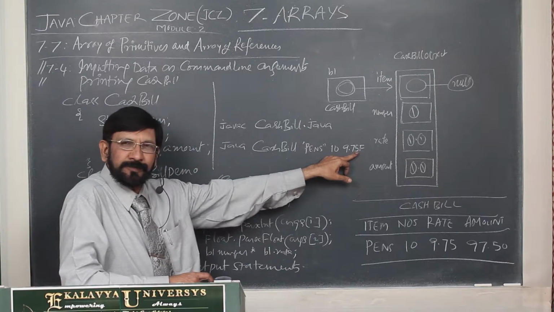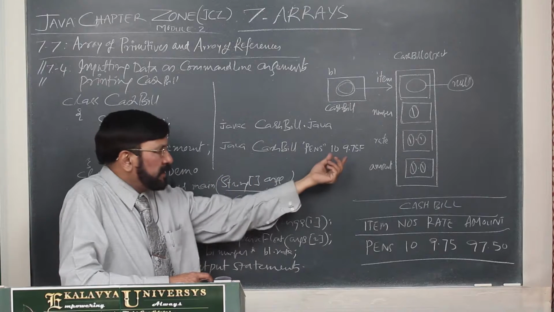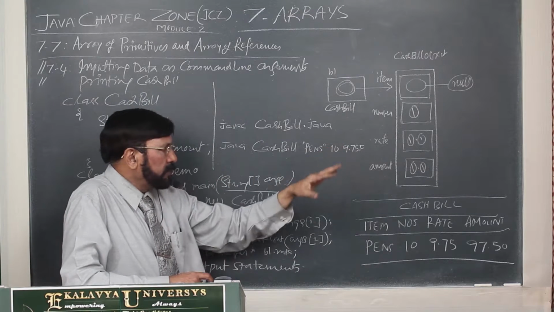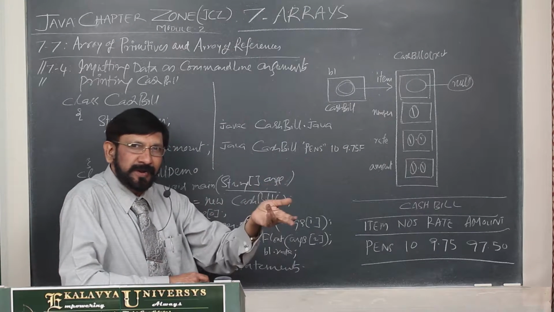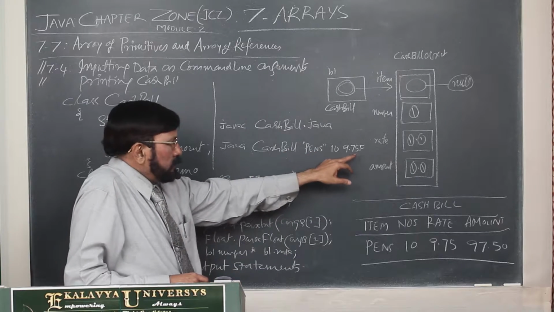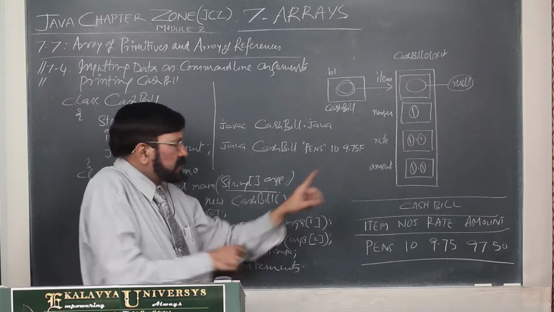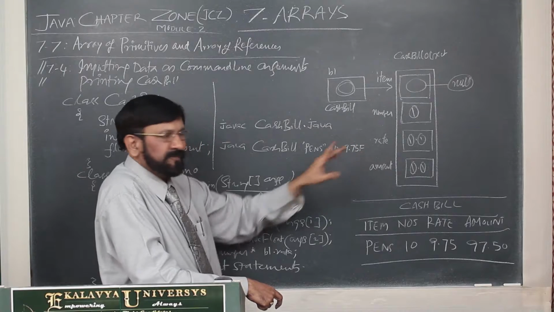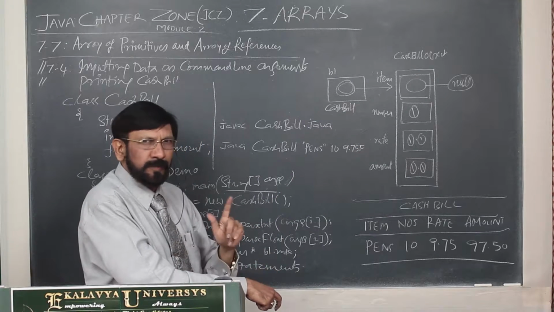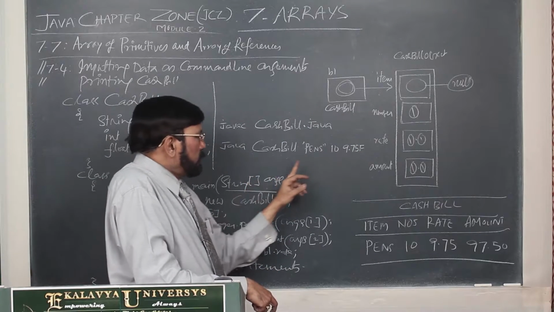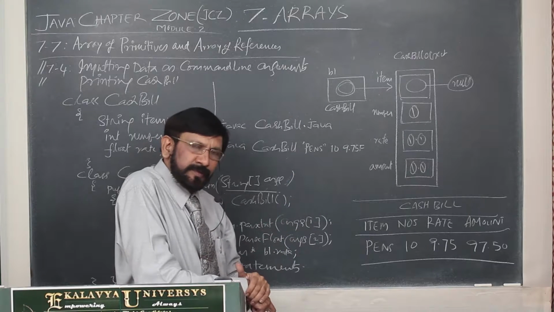Otherwise, by default a floating point value is double, it takes 8 bytes. So if you want to make it float explicitly, you have to write suffix f, either uppercase or lowercase. That point also you remember. So here 3 different types we have given.